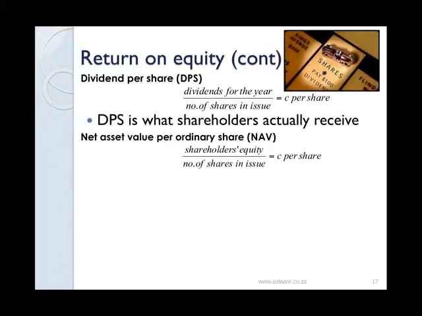The net asset value per share is calculated by using your shareholders' equity divided by the number of shares in issue to give you a cents value per share. This calculation is not really used much in practice, as in reality, the figure for shareholders' equity on the statement of financial position is based on a number of figures that might not be completely correct, such as what is the value of land and buildings?